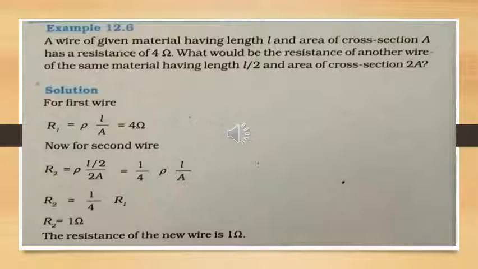Now for the second wire, again substitute the values. We get R2 equals 1 upon 4 rho L upon A. Now R2 is equal to 1/4 of R1, and therefore if you substitute the value of R1, we get 1 ohm. So the resistance of the new wire is 1 ohm.